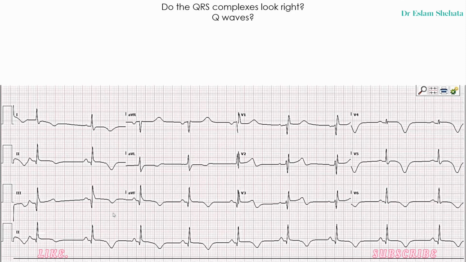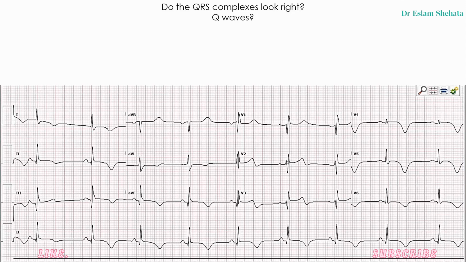In terms of Q waves, we've got a slightly big Q wave here in lead 2 and in AVF, and certainly a big Q wave here in lead 3. So our inferior leads have some abnormal Q waves. Some normal Q wave in V6, but otherwise that's it. And what about R wave progression? Well, in a QRS complex of this shape, it's not really worth mentioning, okay?